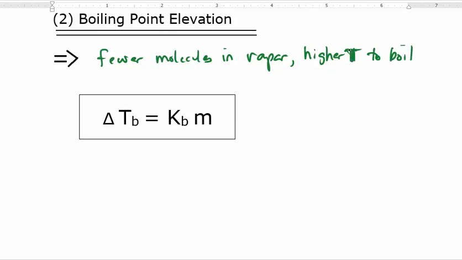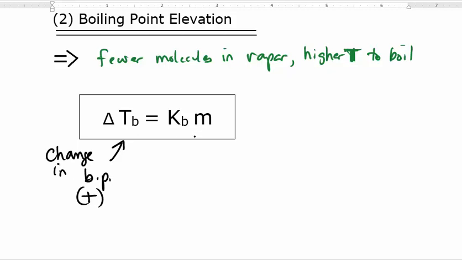The expression for the boiling point elevation is delta T sub B, the change in the boiling point, and it's always positive. Boiling point always goes up.